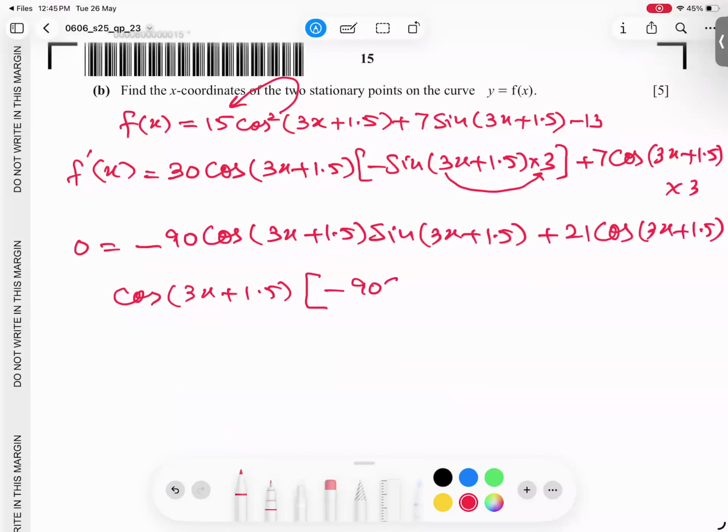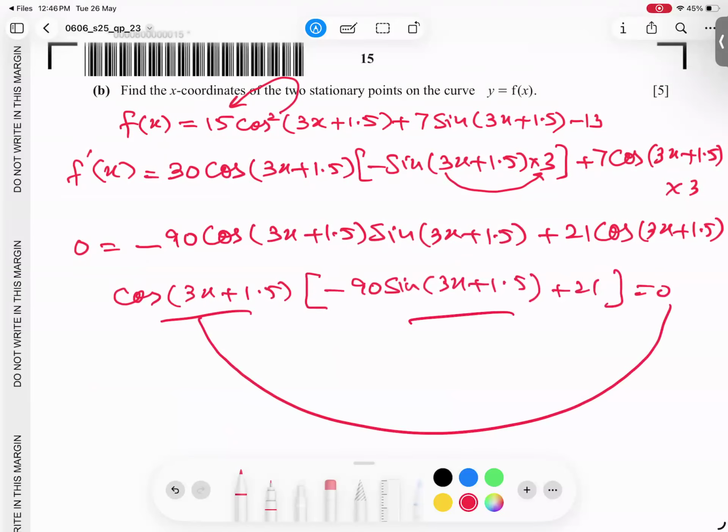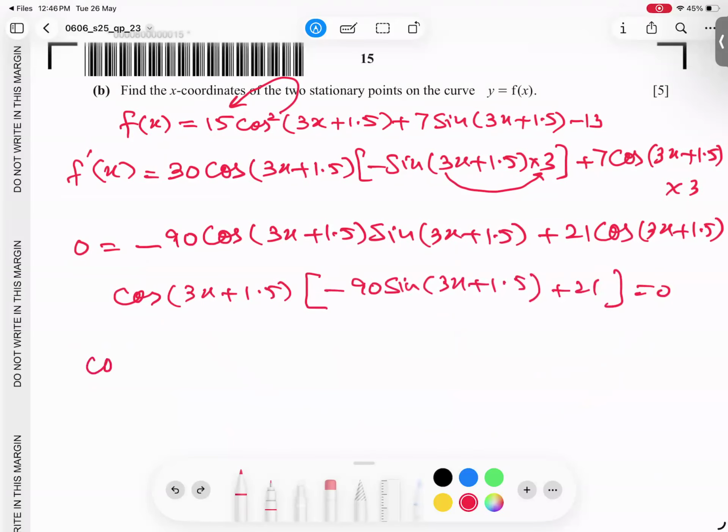Negative 90 sine 3x plus 1.5 plus 21, and equals to 0. Either this complete is 0 or this complete is 0, one by one. So look, I'm writing this way first of all. I'm saving my time.